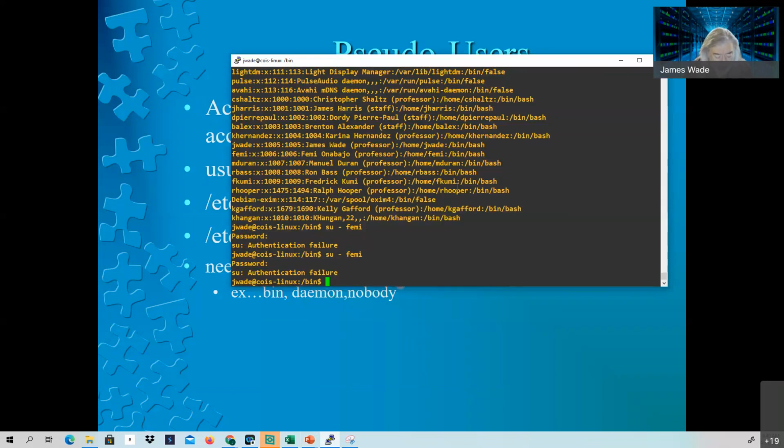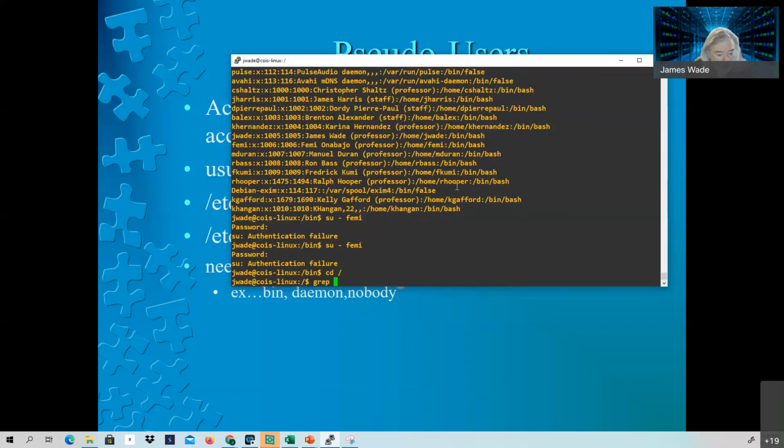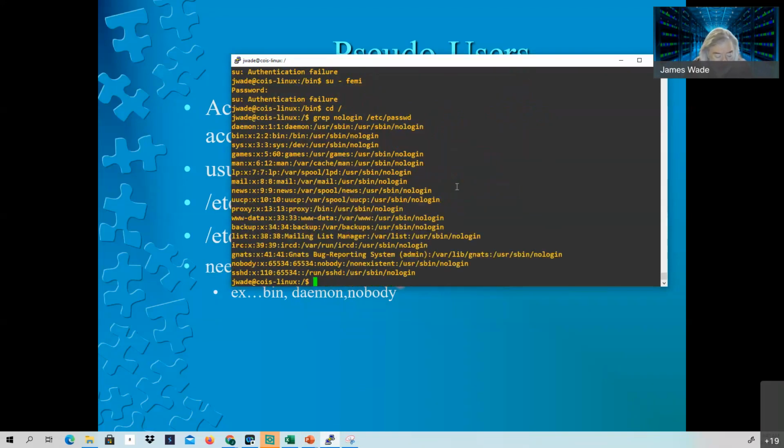And I showed you this. If I go back and I say grep for no login from /etc/passwd, you'll notice, look at the user IDs. 1, 2, 3. Most of them, all of them except for SSHD, okay, are lower than 100. And it looks like nobody's up there pretty high.